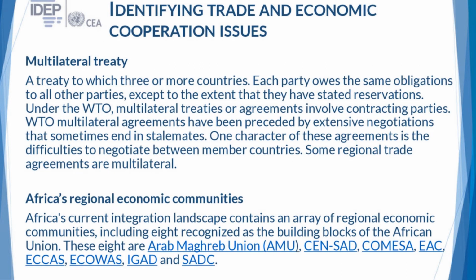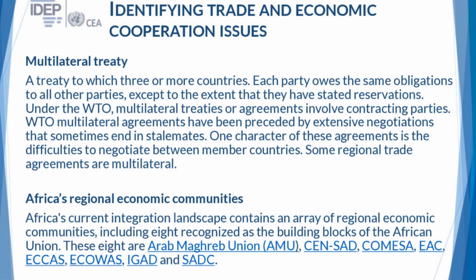Identifying trade and economic cooperation issues. Multilateral treaty. A multilateral treaty is a treaty to which 3 or more countries are joined. Each party owes the same obligations to all other parties, except to the extent that they have stated reservations.